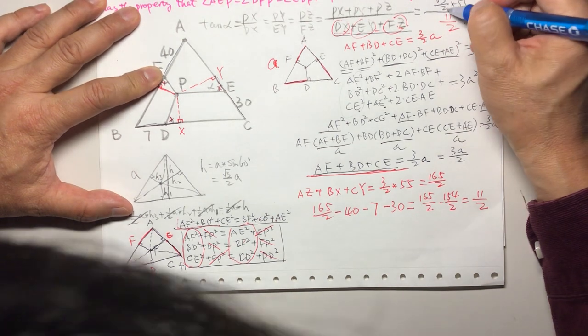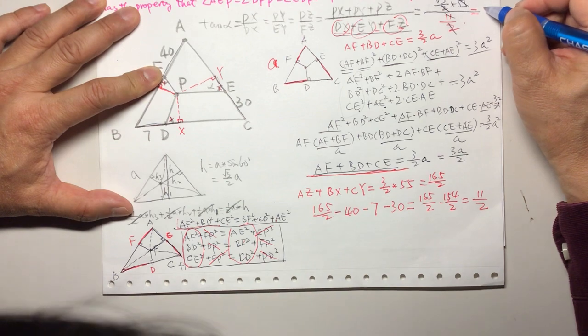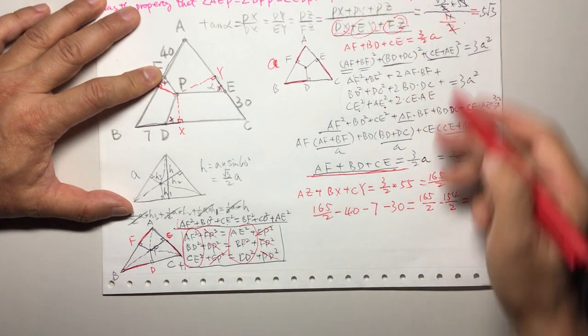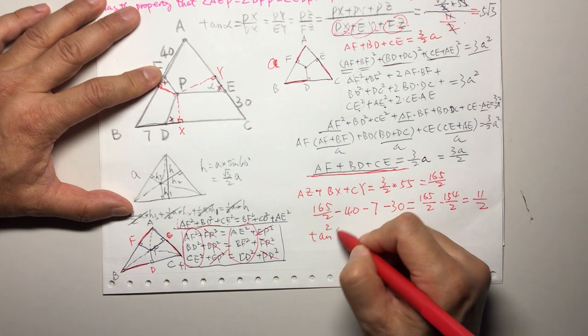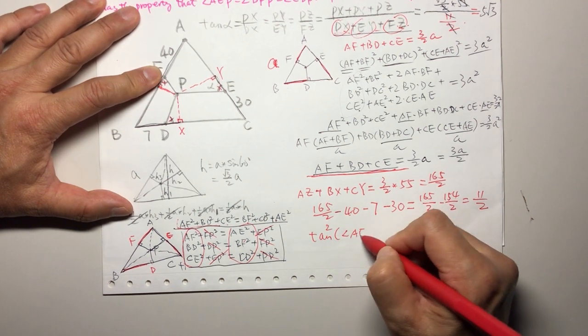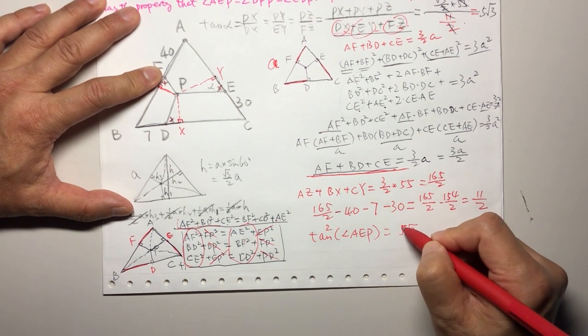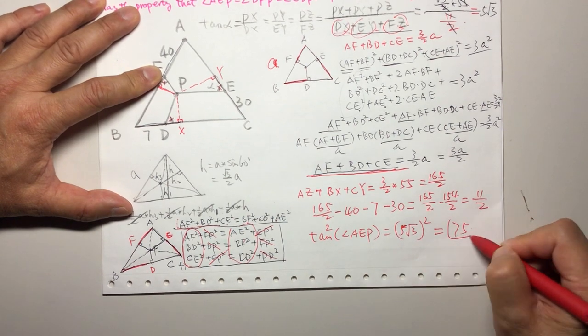And 2 and 2, that's 11, that's 5. So it is 5 times square root of 3. And the problem lets us find the tangent square of this angle AEP. It will be 5 times square root of 3, then squared. So that's 75, right?